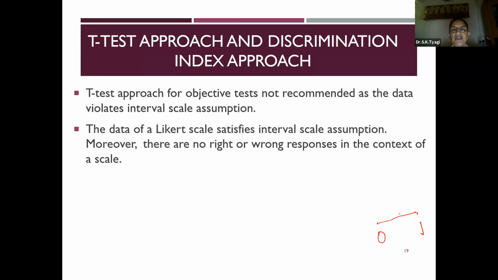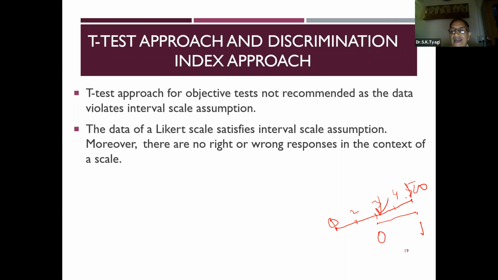Now, the data of a Likert scale satisfies the interval scale assumption because the data of a Likert scale runs from this point to this point. Although there are 5 points, 1, 2, 3, 4, and 5, there is still assumed continuity between 1 and 5. We can have a 7-point scale, a 9-point scale, an 11-point scale, or a semantic differential, where it is 0 and it is 100, and you can rate this anywhere.